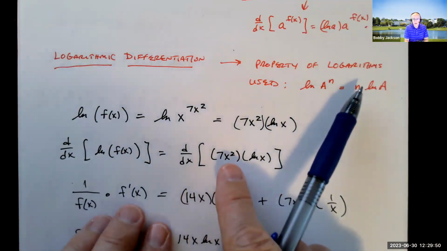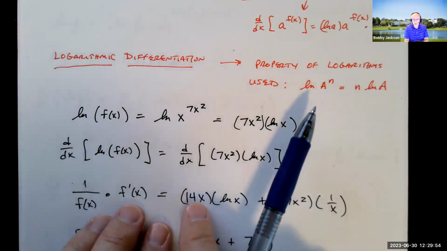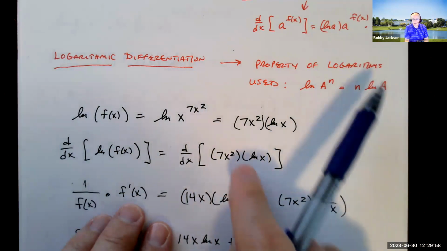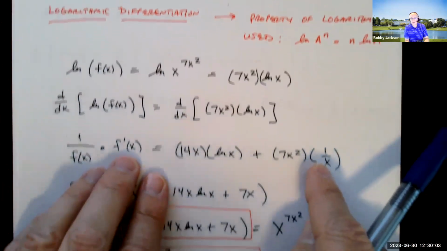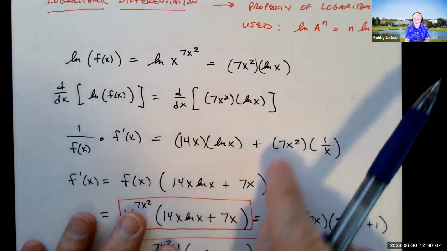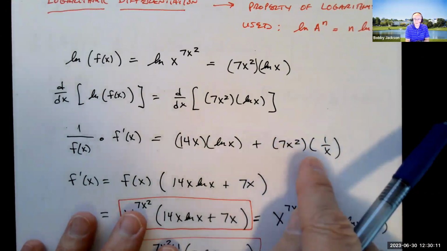And then over here, product rule, take the derivative of 7x squared, bring the 2 down, that's 14x, that's just the power rule, times the natural log of x plus 7x squared, and the derivative of natural log of x is 1 over x. And we can simplify this because 7x squared times 1 over x is just 7x, right? One of the x's cancels out there.